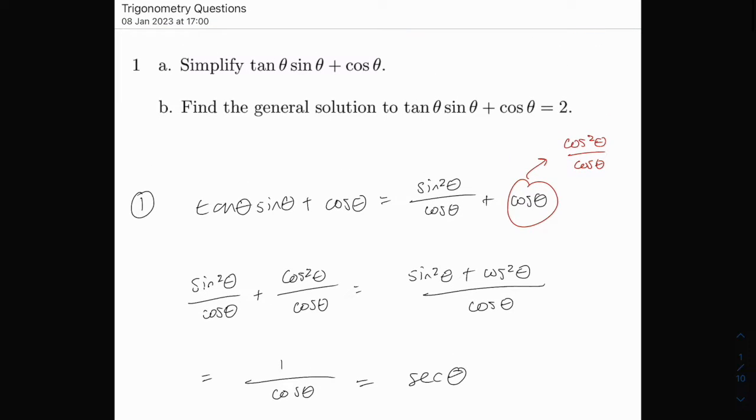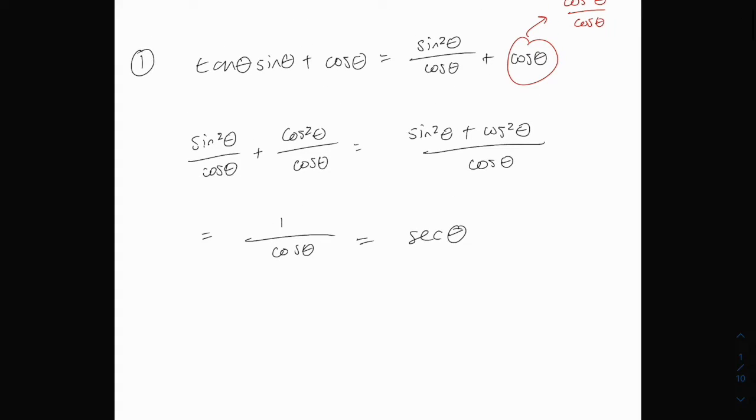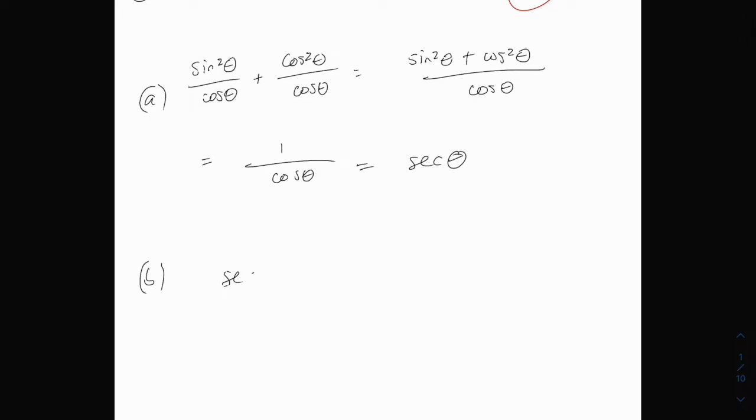Okay. Now, B. Find the general solution to tan theta sine theta plus cos theta equals 2. All right, what are we going to do here? Quaking in my boots. Well, I'll tell you what to do. What you want to do is say, okay, we've got sec theta is equal to 2.